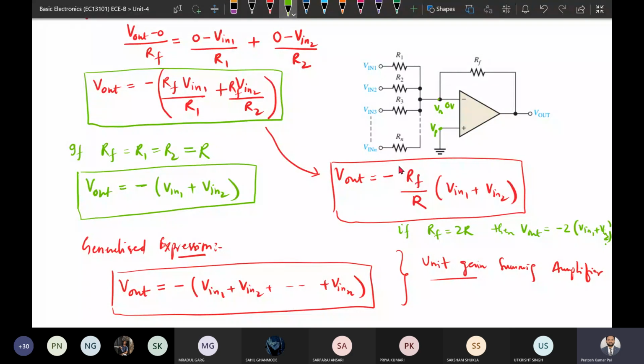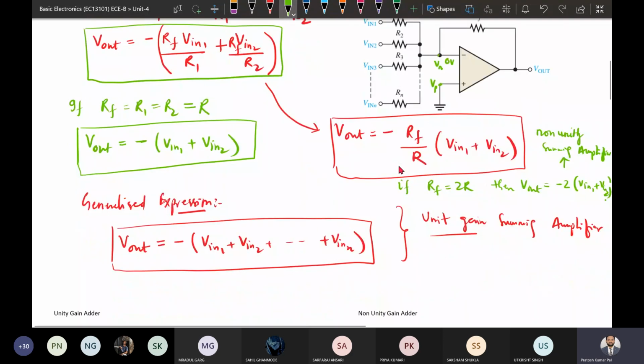This is a non-unity summing amplifier. Based on the value of the feedback resistance and the resistances connecting the inputs, we can scale the output that we are getting. So this is how we can do the adder circuit or addition by using the operational amplifier.